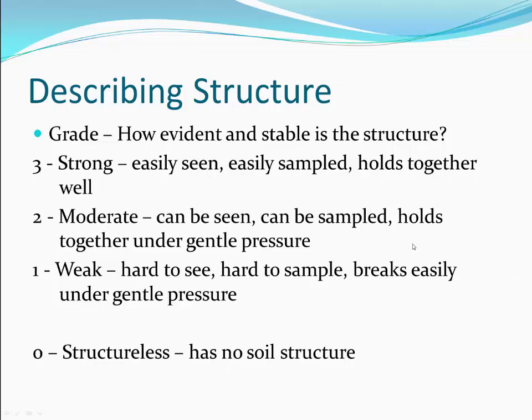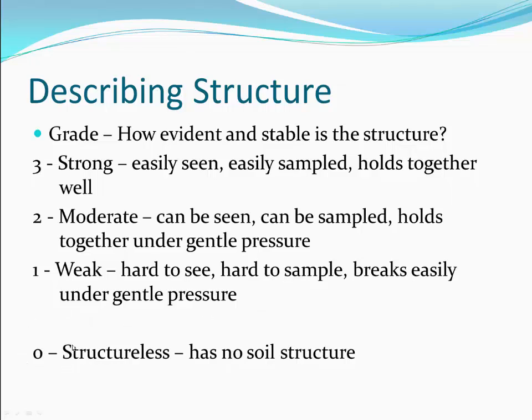Well, when we describe structure, we can give it a grade just like we would grade a test in a course. Starting at the top, grade 3 would be the best grade you could get, and grade 0 would be the worst grade. Of the soils that have soil structure, it's either going to be strong, moderate, or weak. And the difference between those three is explained here.